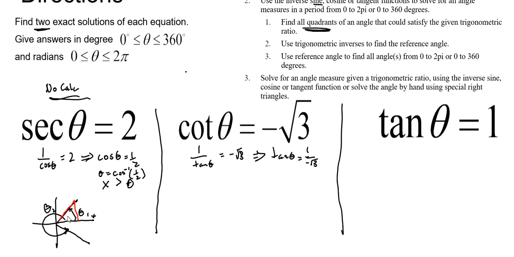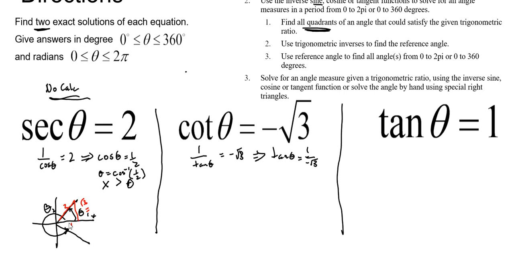I'm going to find this reference angle, which happens to be the first angle in the first quadrant. And we have a ratio of 1 and 2. So 1 is adjacent to this angle, and 2 is the hypotenuse. Well, with a 1 and a 2, there has to be a radical 3. You can use the Pythagorean theorem to figure this out.